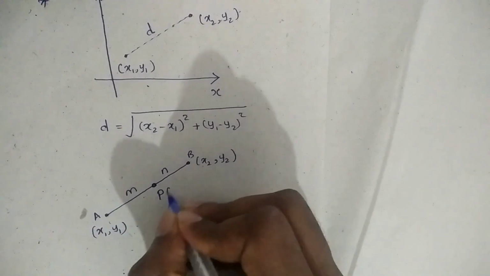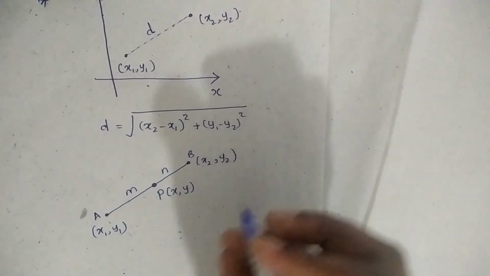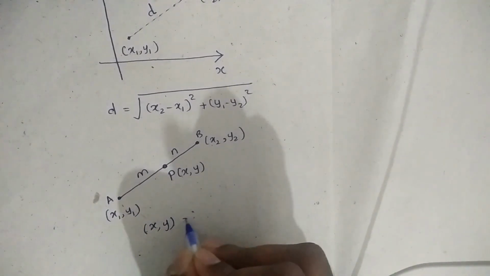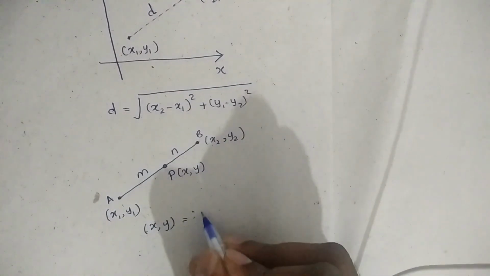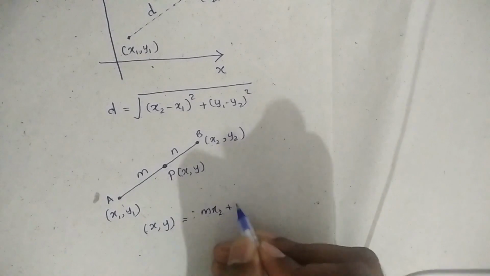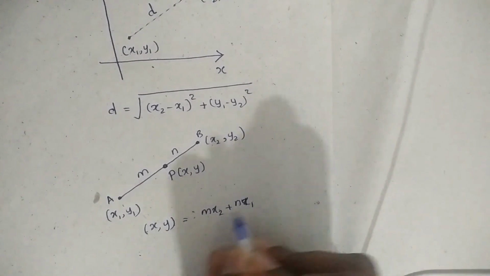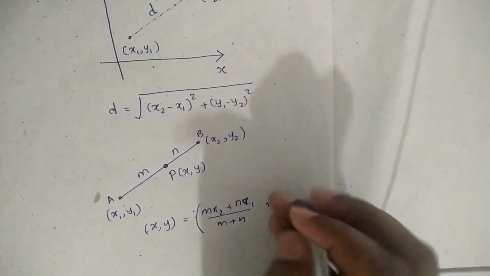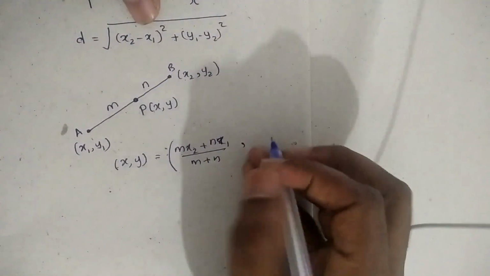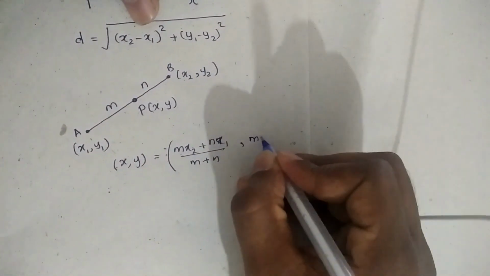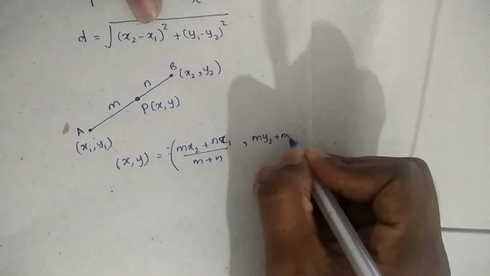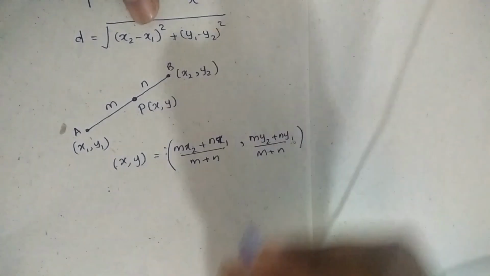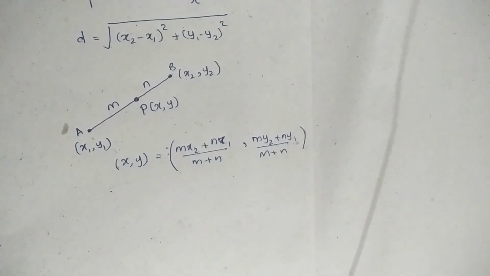Then the coordinates of this point, say x comma y, are given by the formula: x equals (mx2 plus nx1) divided by (m plus n), and the y value is (my2 plus ny1) divided by (m plus n). So this is what we have learned already.